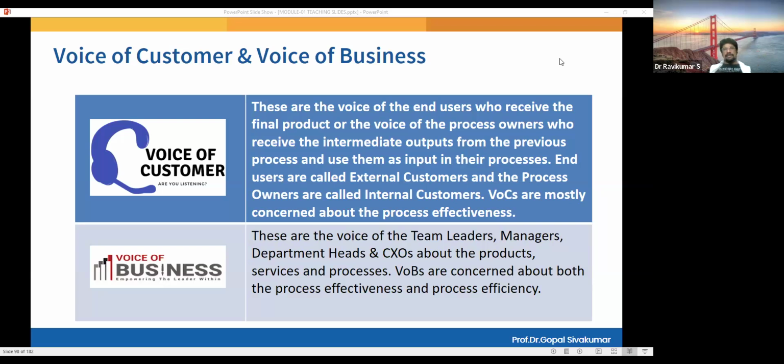Okay, next we come to the voice of the business. What is the voice of the business? Not only is the customer a source of identifying the problems which exist in your process, there are also the problems faced by different departments. For example, if you check with the production department, they might give you a lot of problems.